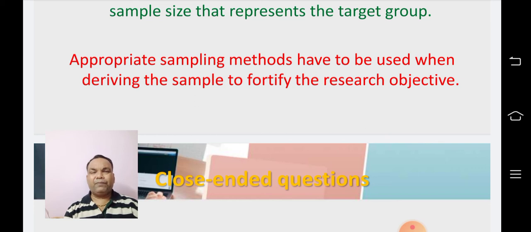Because if the sample size is not significant, if it fails to represent the whole, then it has no meaning. It is all senseless. So while selecting the sample or sample size, obviously the researcher needs to be very careful.